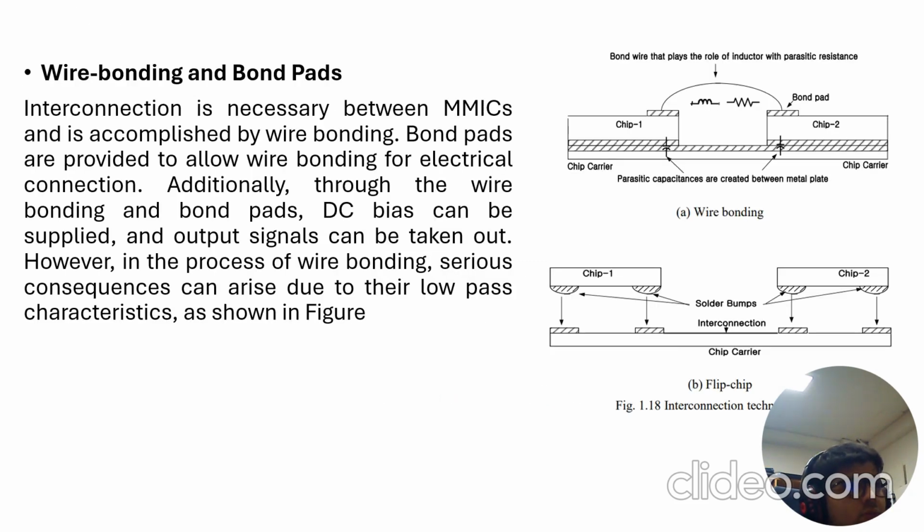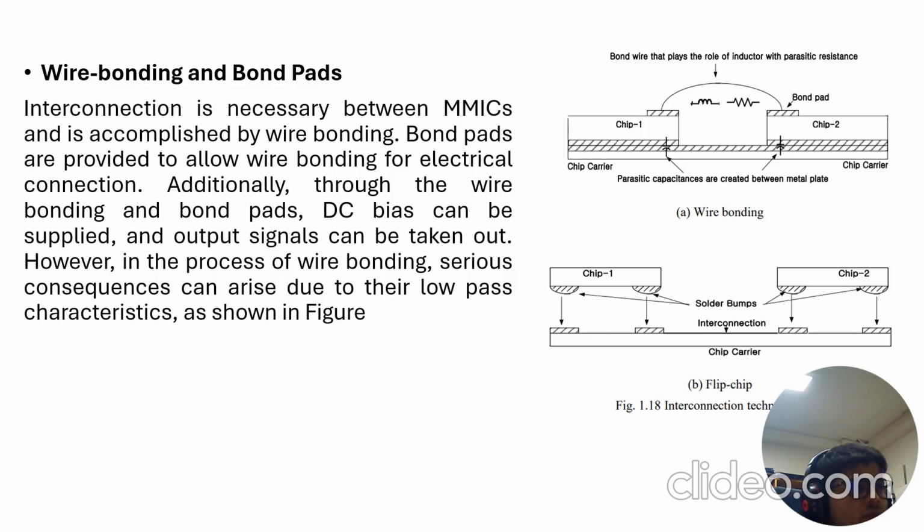Wire bonding and bond pads. Interconnection is necessary between elements and is accomplished by wire bonding. Bond pads are provided to allow wire bonding for electrical connection. Additionally, through the wire bonding and bond pad, DC paths can be supplied and the output signal can be taken out.